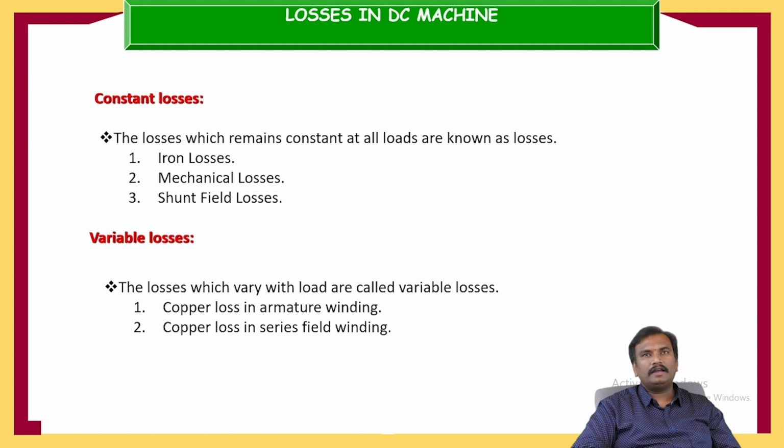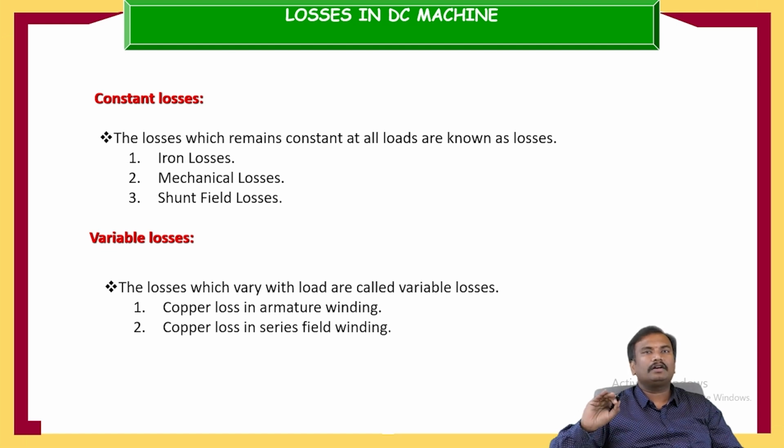That is iron losses, mechanical losses, and shunt field losses. These losses will not vary even though the load on the machine is increased or decreased, or any other parameter changes.